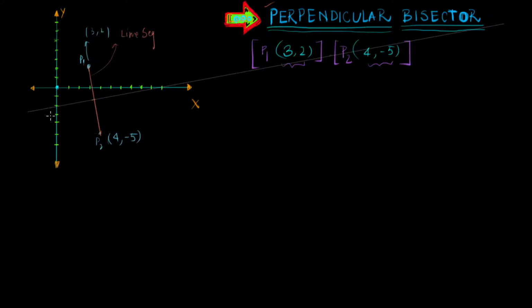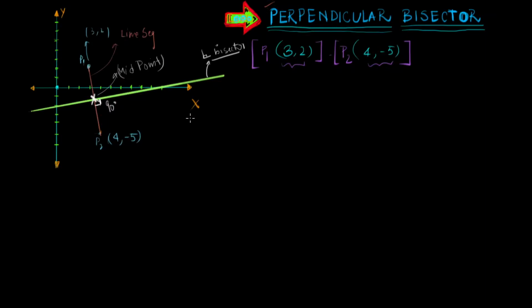So if we assume that this is the approximate center, then the line we're looking for as our perpendicular bisector is this green line. The property of this line is that this angle here is 90 degrees, and the point at which the perpendicular bisector intersects the line segment is the midpoint of the line segment.